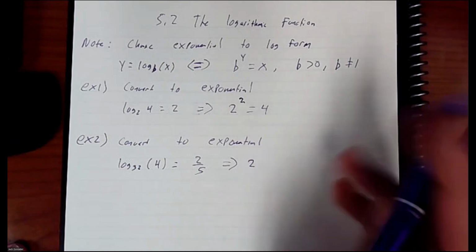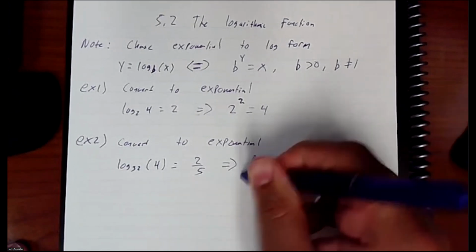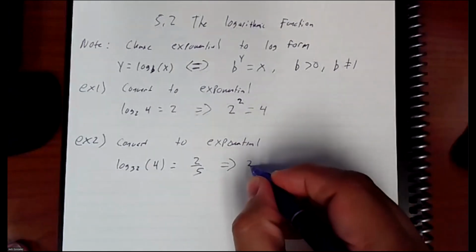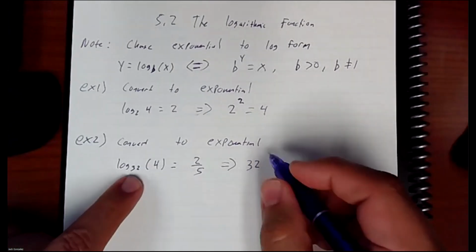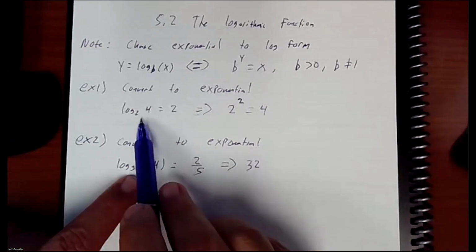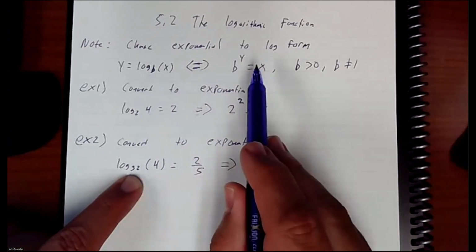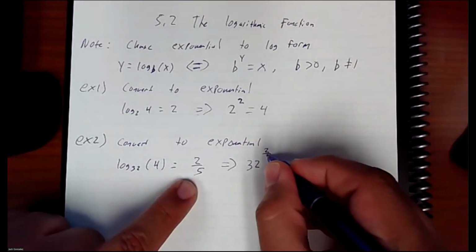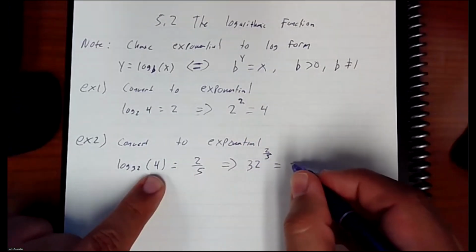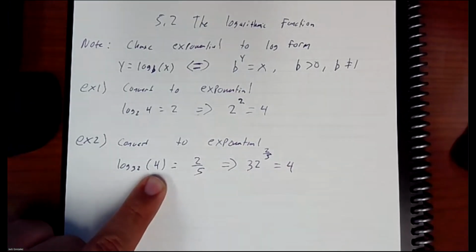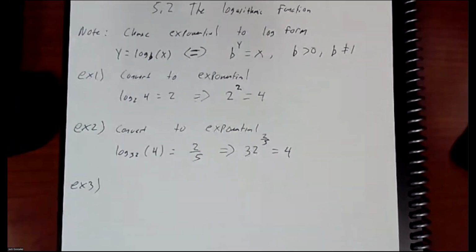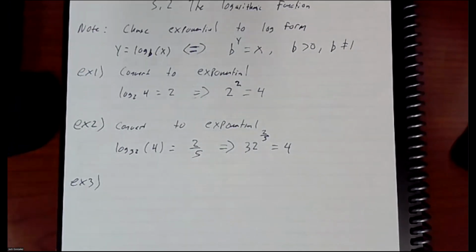Yeah, the base is 32. 32 to the y, which is 2/5, is equal to the argument 4. That's it. We're just following the formula. Any questions on the first two?